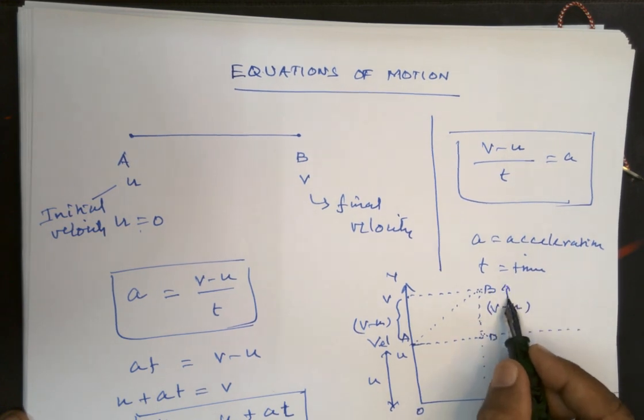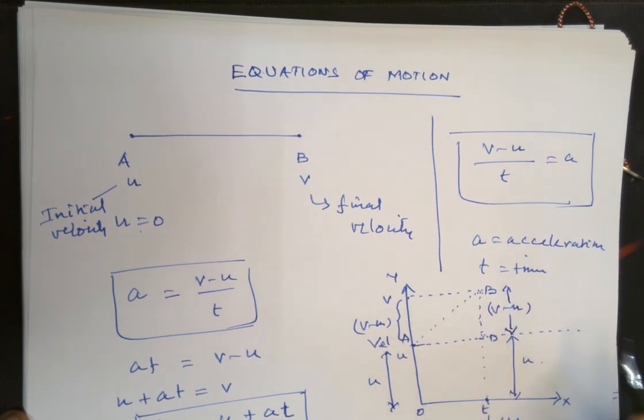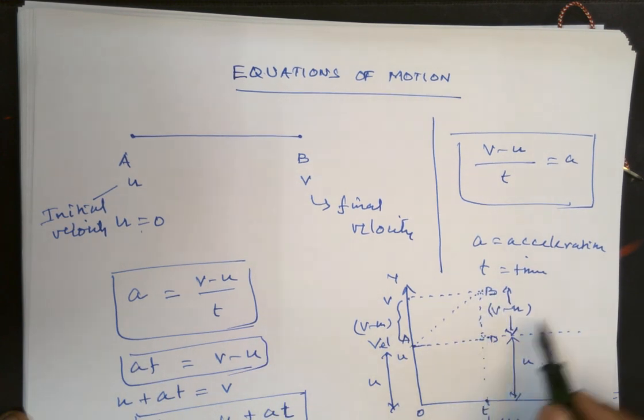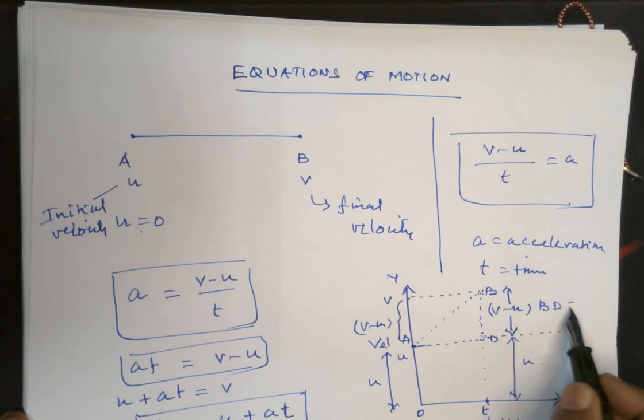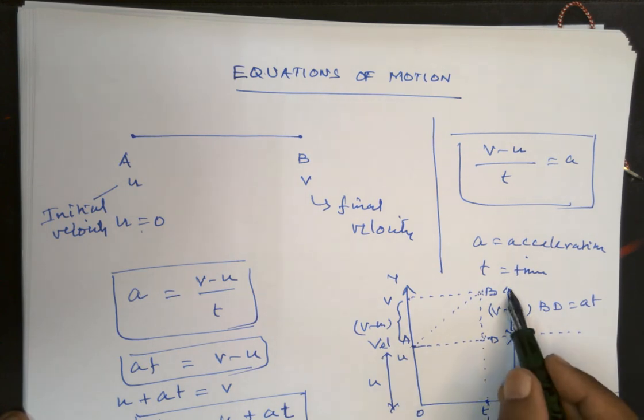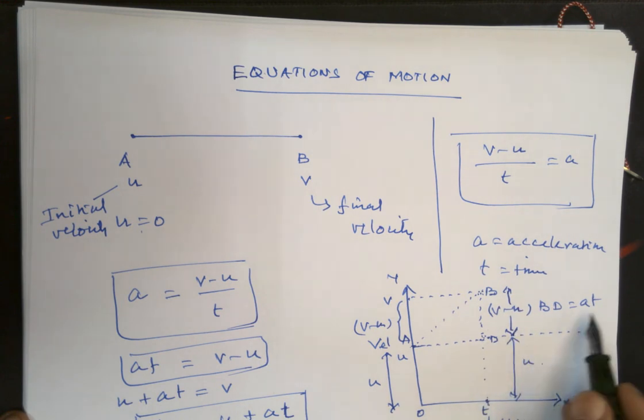This height is v minus u, and according to this equation v minus u is equal to at. Therefore the distance BD is equal to at. Do you understand this? BD is also equal to v minus u, right? So just by measuring this you can find the difference between v and u.